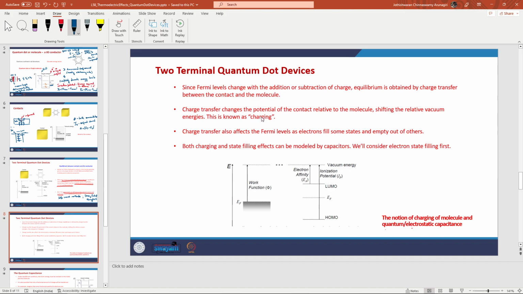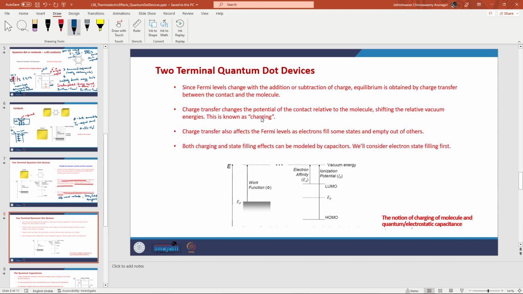So now, again, for our two terminal device, we had a source, a drain, and a channel. After studying all the modes and energy configuration, density of states, and all of this, the first thing we tried to do was define the idea of conductance. How will electrons flow from point A to point B? What will they depend on? These were the things that we studied.